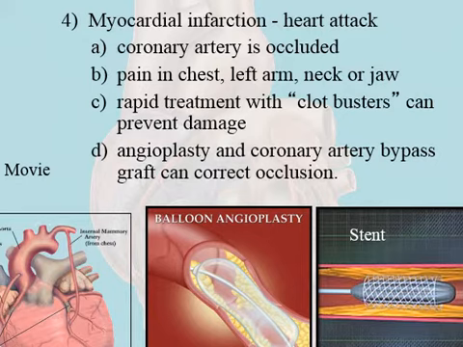They'll squirt a little dye into the coronary arteries and see if there's normal flow. If they can pick out a block, they can put a tiny balloon on the end of the catheter. They go into that artery, inflate that balloon, and push the artery back open. So this would be called an angioplasty.